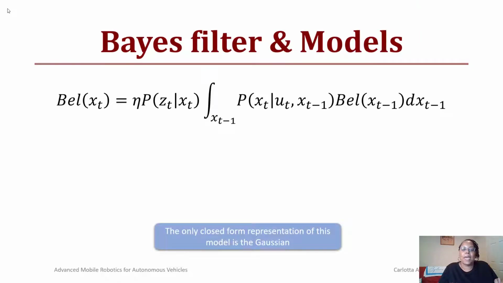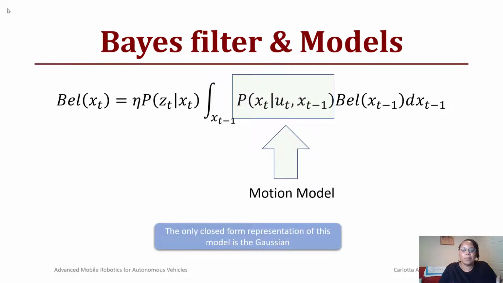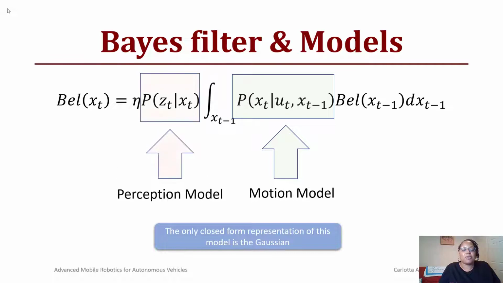Recall that the Bayes filter had a motion model, which is the probability of x given u, multiplied by the current belief. That can either be discrete or continuous, which means either a summation or an integral. And then that is multiplied by the perception model, which is the probability of z given x, where n multiplies that value and is called the normalization constant to make sure it has a value of 1.